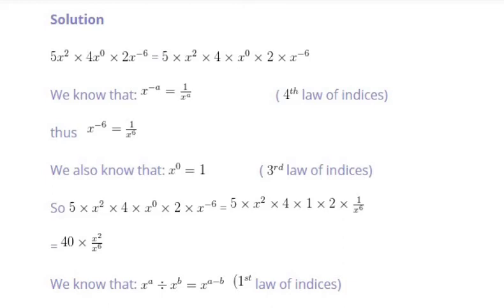From the second law of indices, x raised to the power a divided by x raised to the power b is the same thing as x raised to the power a minus b. So x raised to the power 2 divided by x raised to the power 6 is x raised to the power 2 minus 6, which gives us x raised to the power minus 4.